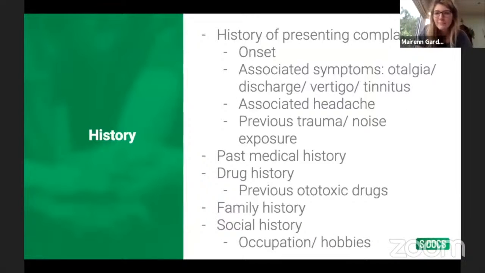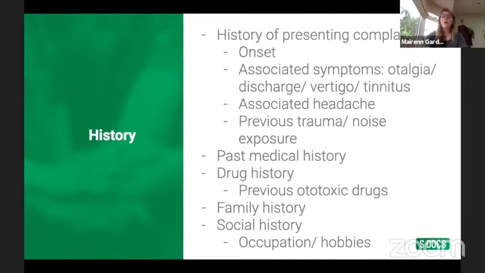So if a patient comes to you presenting with hearing loss, you go over the normal history that you'd take with any patient. So start with the history of presenting complaint. Discuss the onset of their hearing loss. Some might have a very sudden onset, whereas some is more gradual.